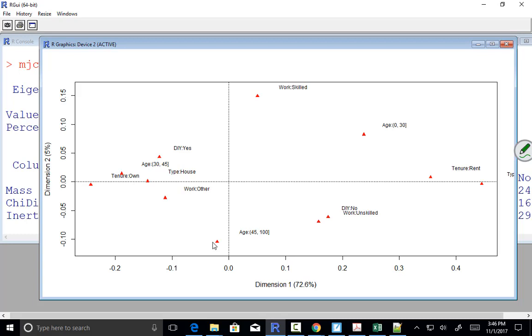If we were to go through the data set, we would find many instances of this combination, and we would find many instances of that combination. We wouldn't find many instances of like DIY with age 0 to 30. Because these triangles are on the opposite side of the origin from these, they don't tend to happen together.